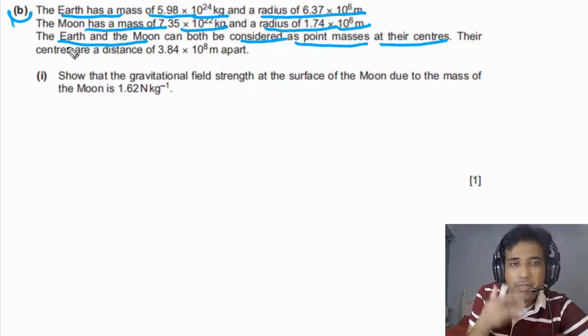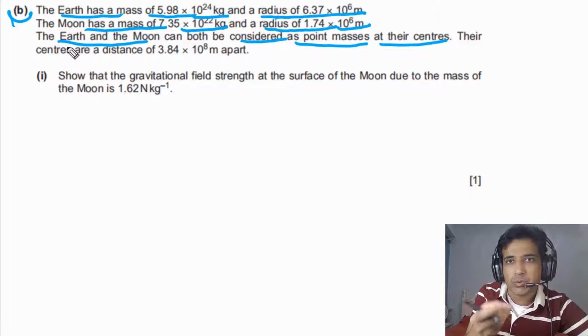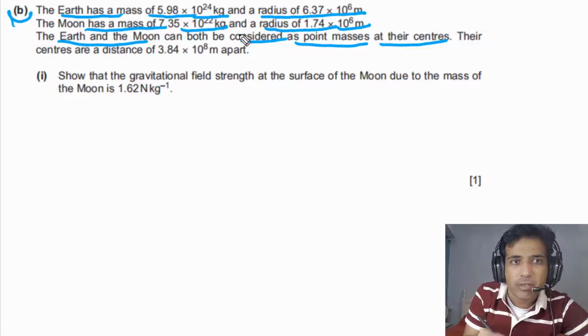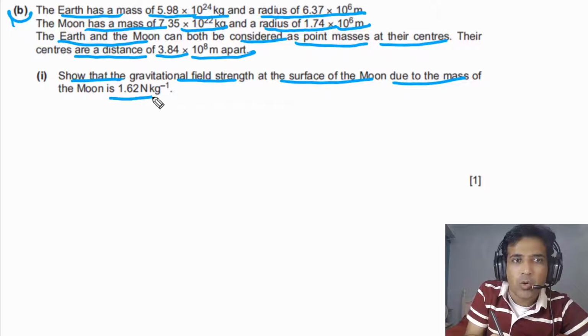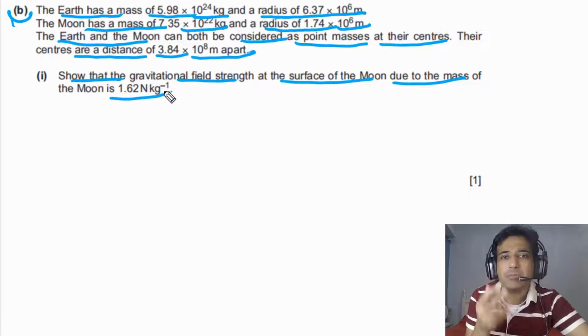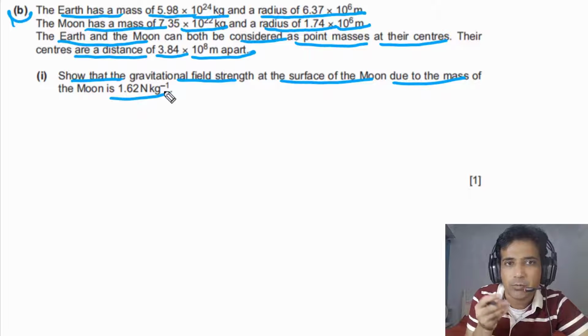They have made this assumption, so we can use Newton's law of gravitation. We can treat them as point masses. Their centers are at a distance of 3.84 times 10 to 6 meters apart. Show that gravitational field at the surface of the Moon due to the mass of the Moon is this. It simply means that we need to find out value of g at the surface of Moon.